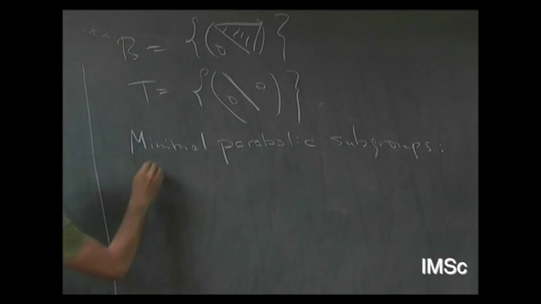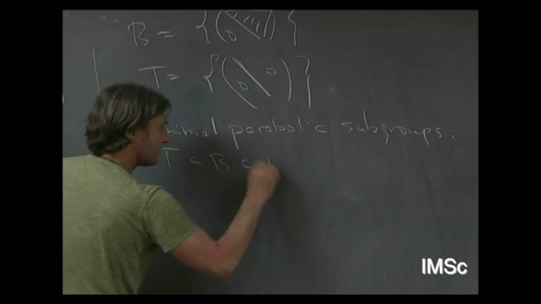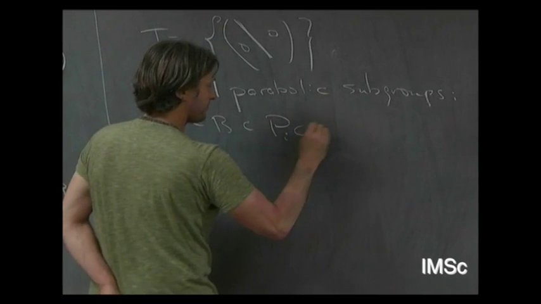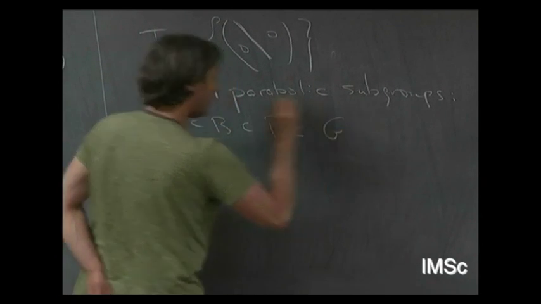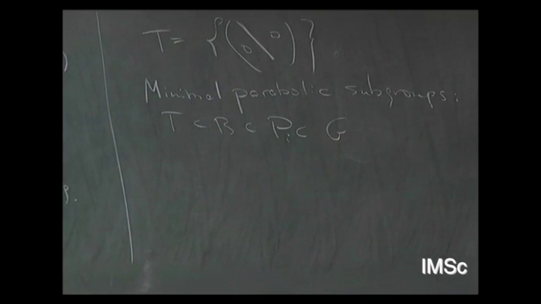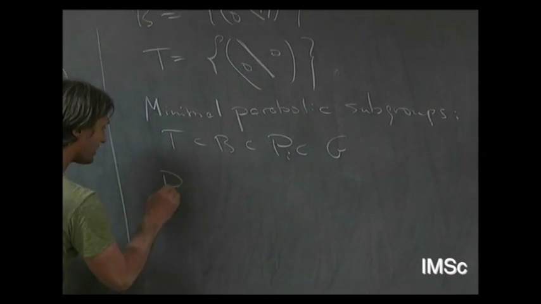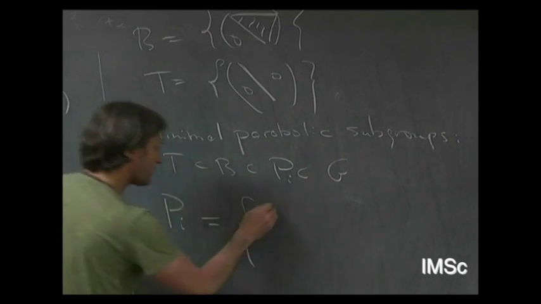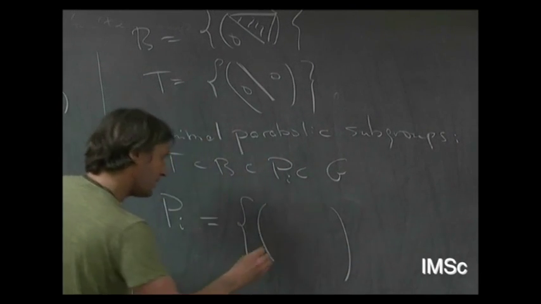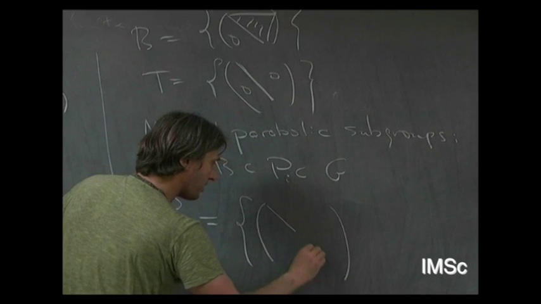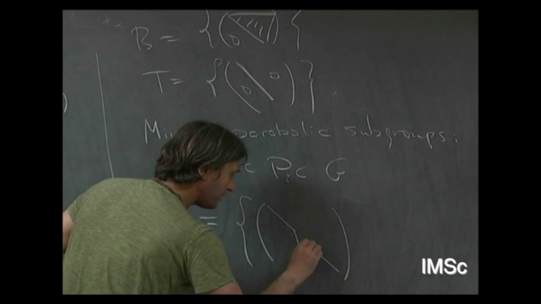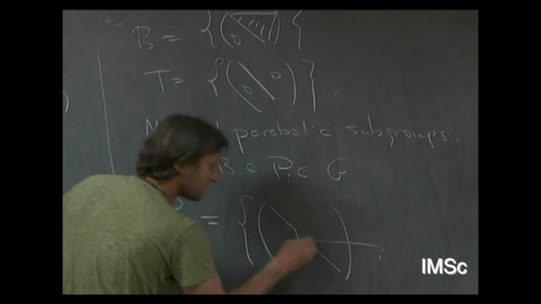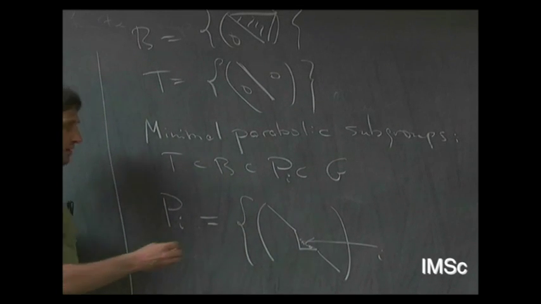So they are enumerated by simple roots. And you should think about the picture with SLn. So in the SLn case, Pi consists of matrices which look like this. So they have determinant 1, of course, and also they're almost everywhere upper triangular. And only in the i's place, we allow one small corner under the diagonal.